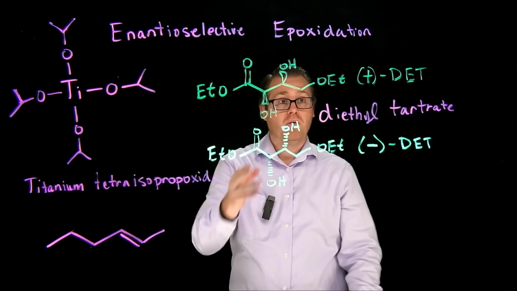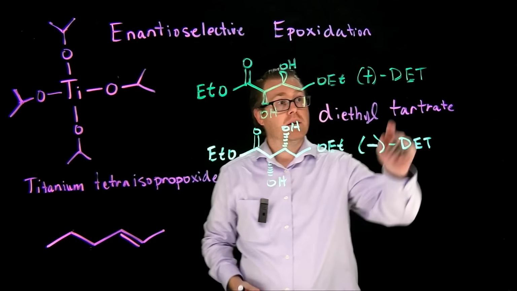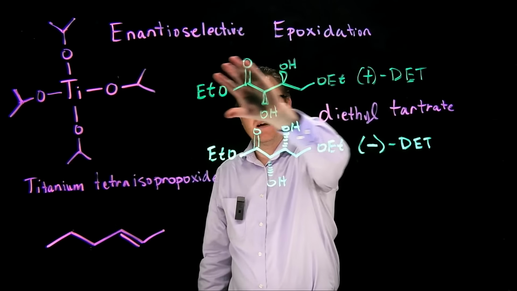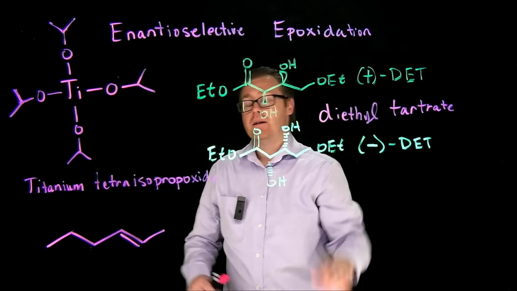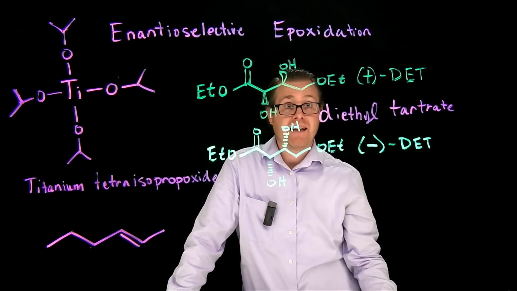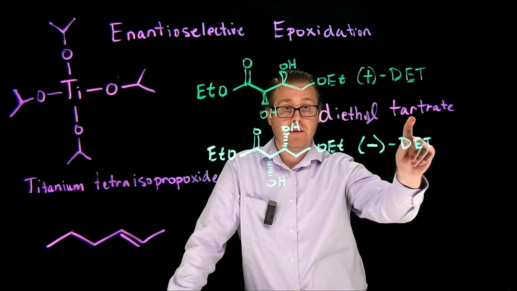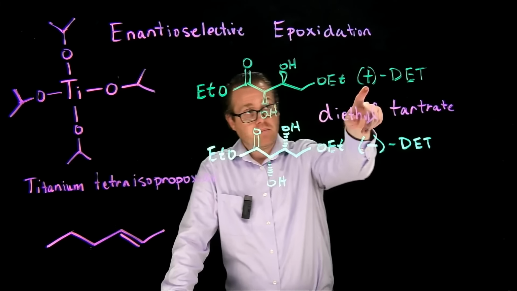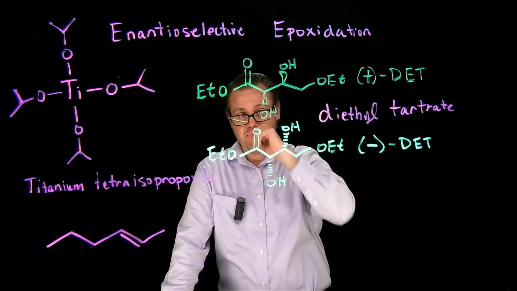And then we have two choices. We could add a little bit of this guy right here, or a little bit of this guy. Now, when we take a look at these two structures right here, they're the same molecule. They're both diethyl tartrate. But one, we can see that the stereocenters here, they're different. Okay?